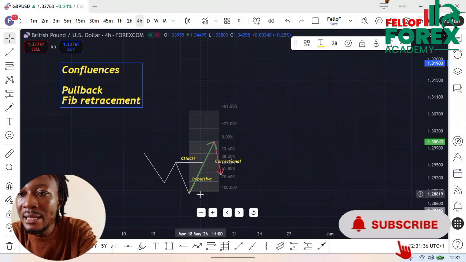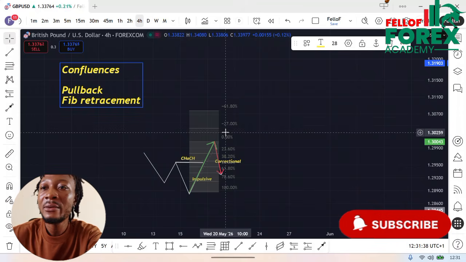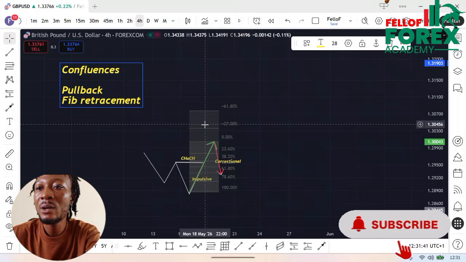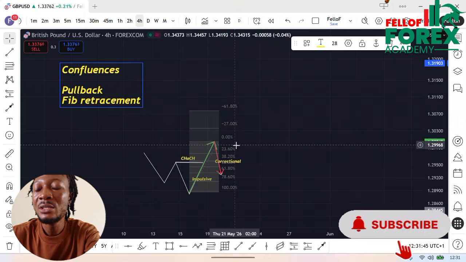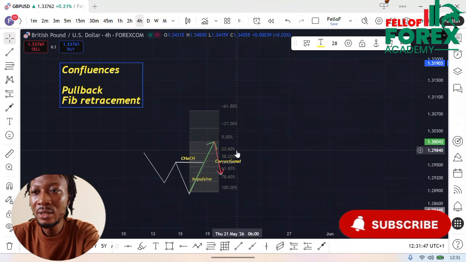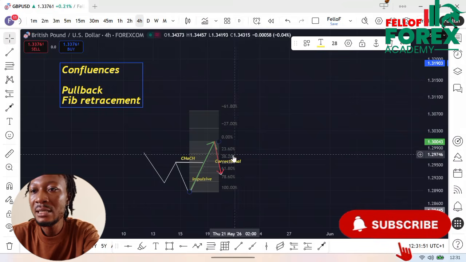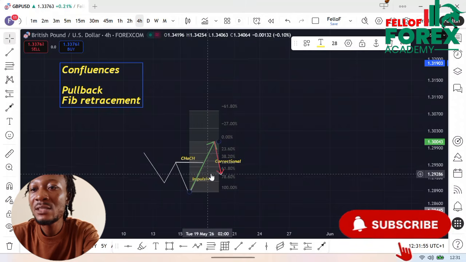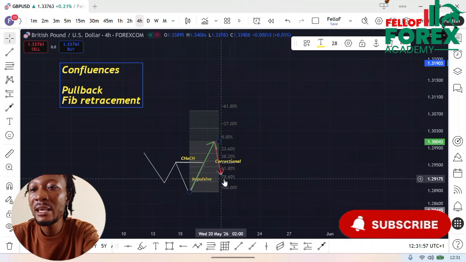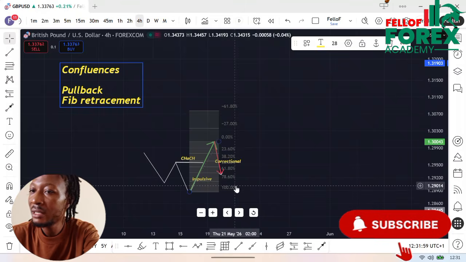You realize that we have some numbers around here. We have negative 61, we have negative 27. Those are extension levels. We have 0, which is the highest point. Then we start having 21.6, 38.2, 61.8, 78.6, and we have 100 levels.